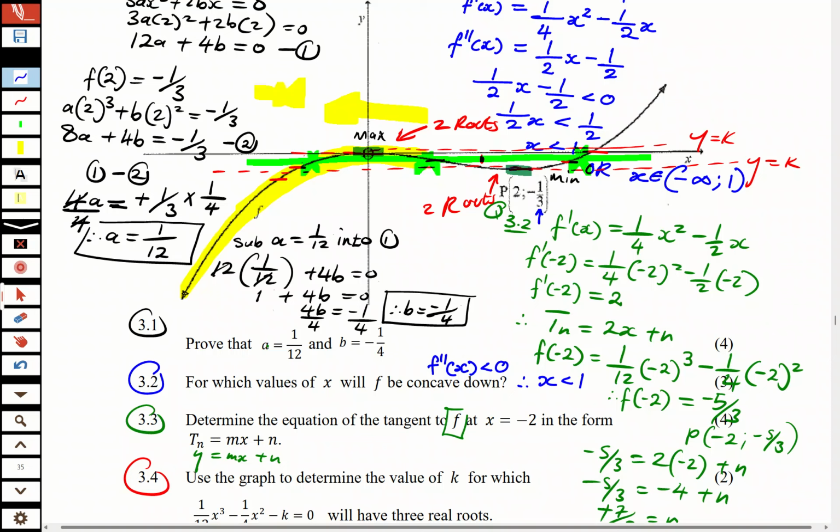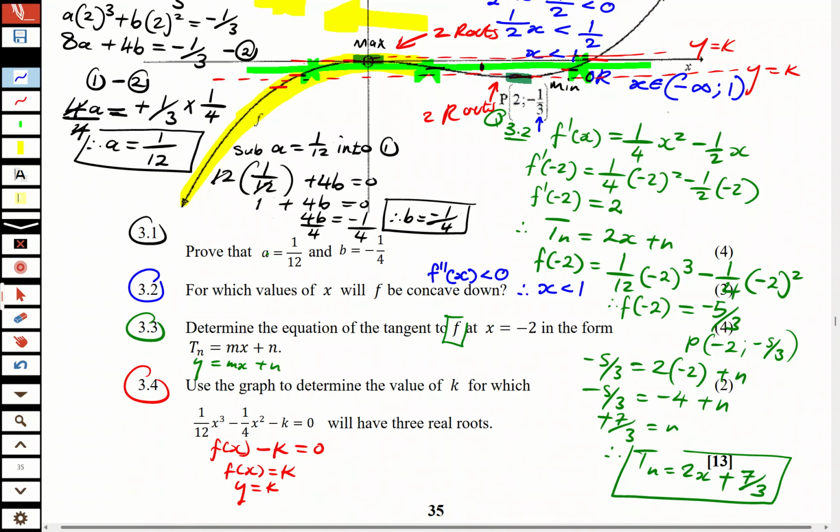So we're just going to check the y values at the maximum and the minimum. So okay, k has to be less than 0. If k is below the maximum, it will lie between there. But the same k has to be greater than negative 1 over 3. Why greater than?